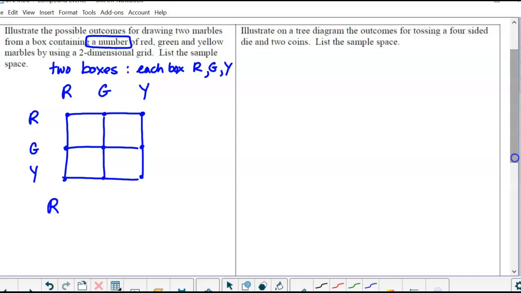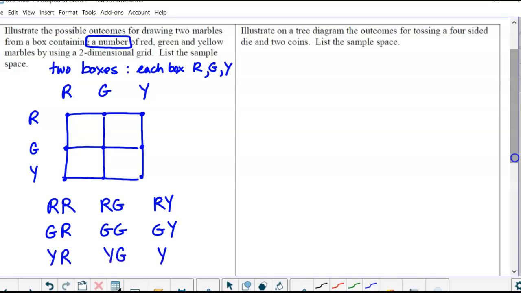What is it? So red, red, red, green, red, yellow, green, red, green, green, green, yellow. So I'm actually just writing them out in the same grid order underneath. Okay.